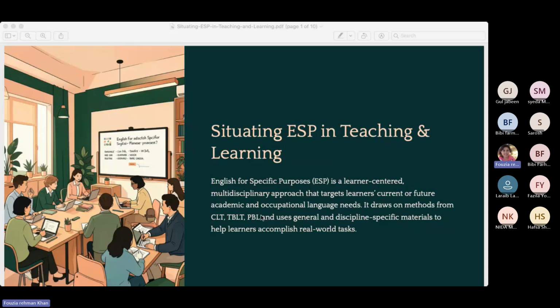All of this I'm telling you because ESP is quite broad, but if we talk in simplifying terms, this is also a method. English for Specific Purposes is a method, and it is also an eclectic approach.